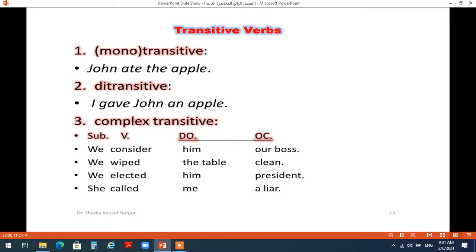And a liar also describes the direct object اللي هو me. So that's why we call these object complements because they give some kind of description for the direct object or give some additional information about that direct object and they refer to that direct object.